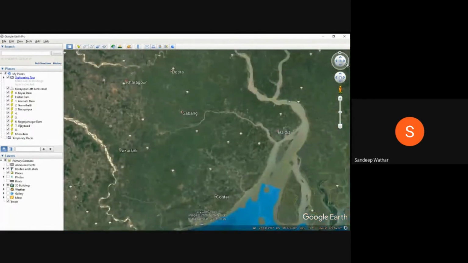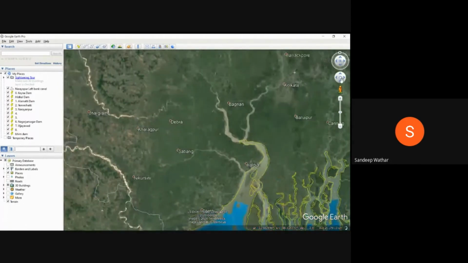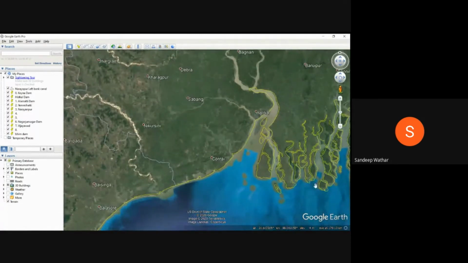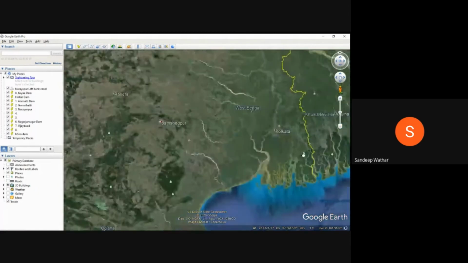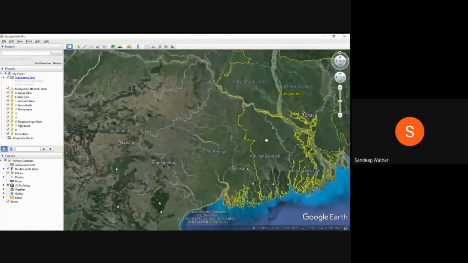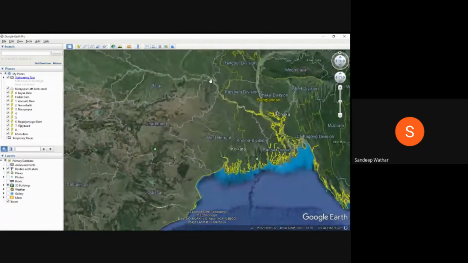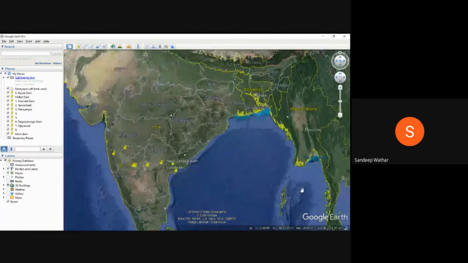Can you see this? This is how all the rivers are getting disposed into the ocean. There are many rivers in the north, like Ganga, Brahmaputra, Yamuna, and all those.